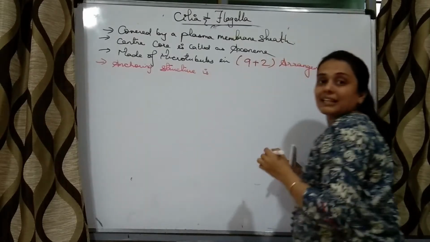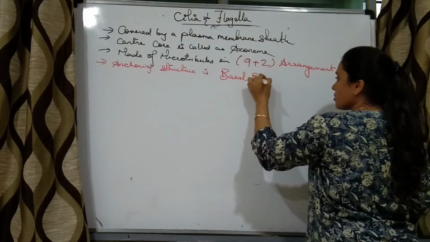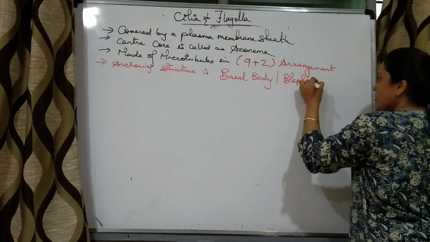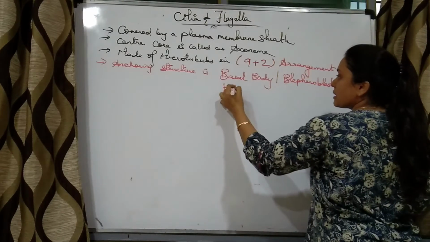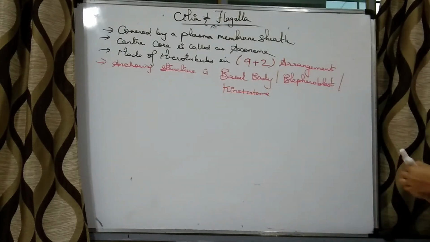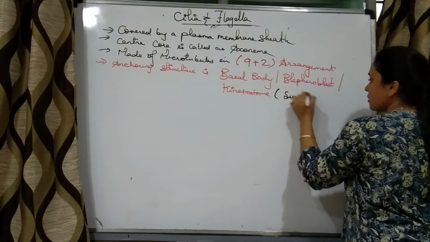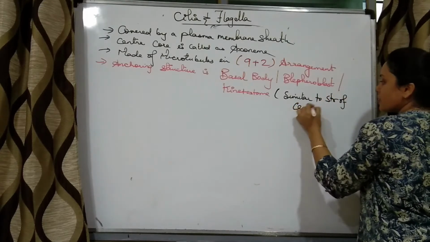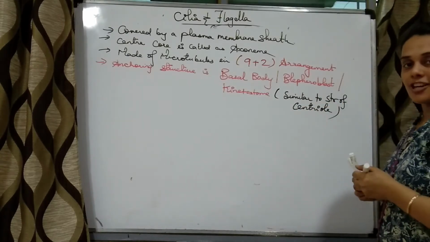The anchoring structure is called the basal body, or blepharoblast, or kinetosome, and its structure is similar to the structure of a centriole.